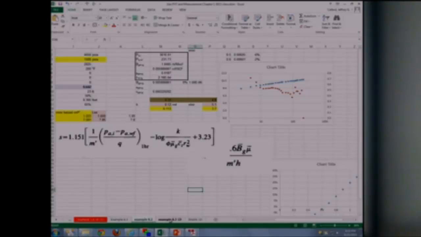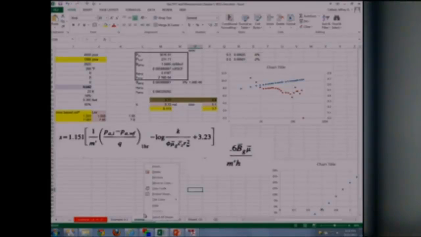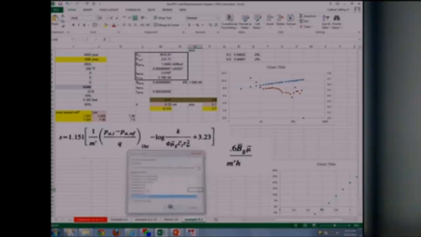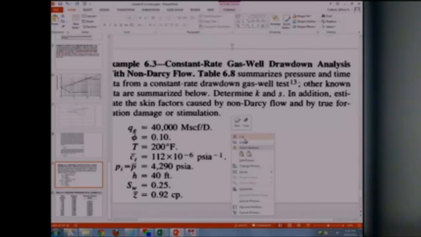And I think I'll not use 622, but 62. And first of all, I want to make a copy. There are just so many things that are the same in these problems. We'll call this 6.3. And now I'll come back to my PowerPoint. I'm going to grab this first.